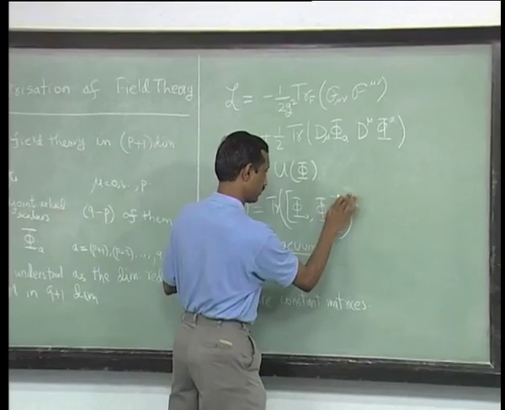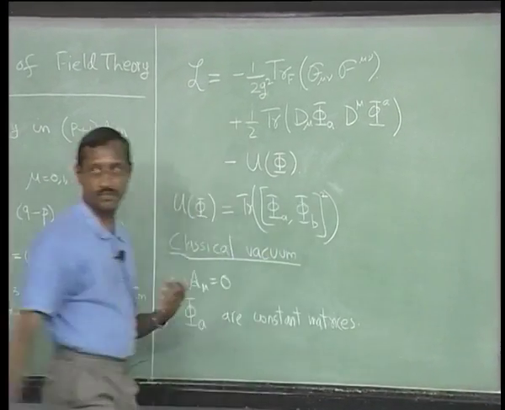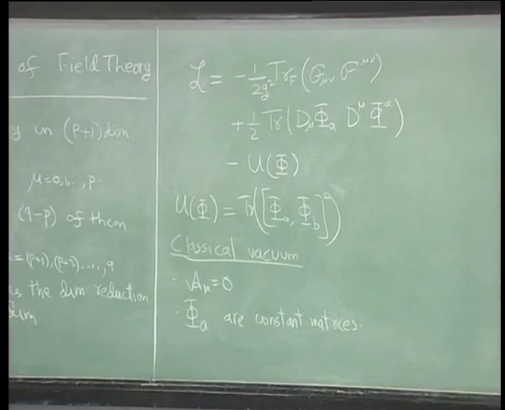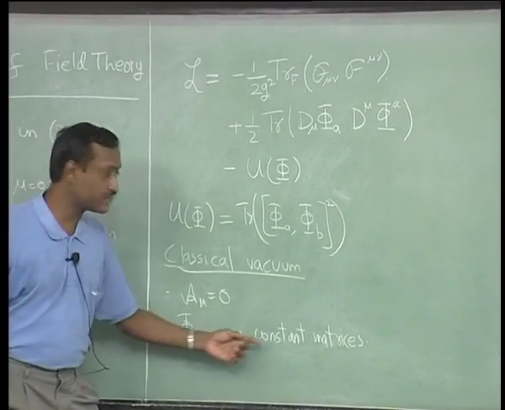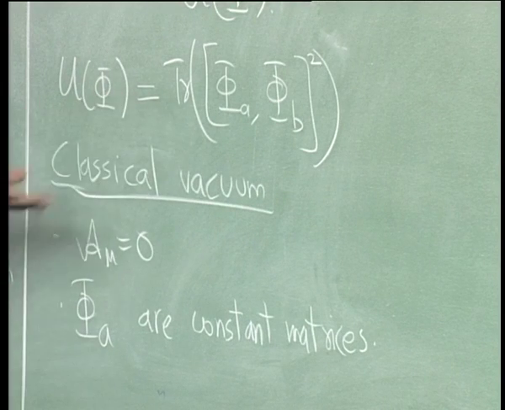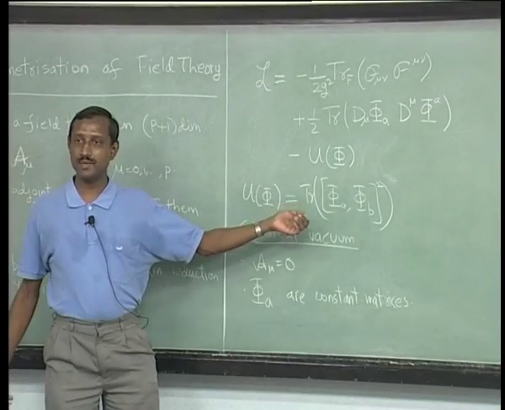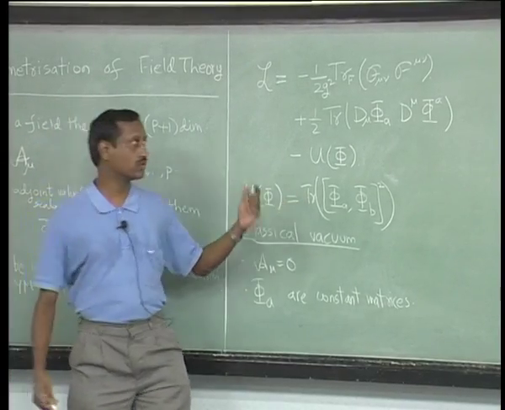Okay. So the phi A's are constant matrices, and you can convince yourself that the smallest value this potential could get is 0. So, when would that happen? When phi A and phi B commute.